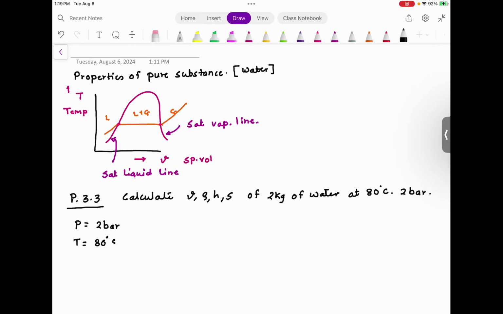If you look at the very first table, table A4, you can see the temperature of 80 degrees, Psat is 47.41 kilopascal.